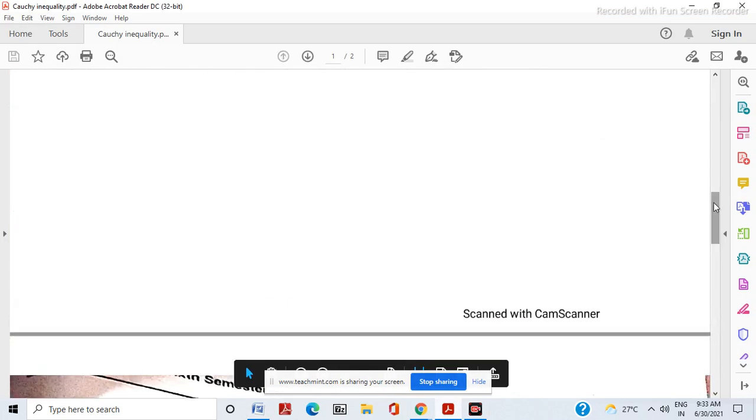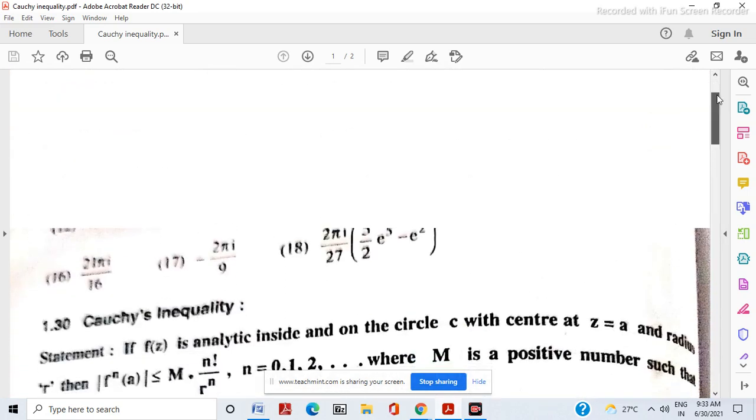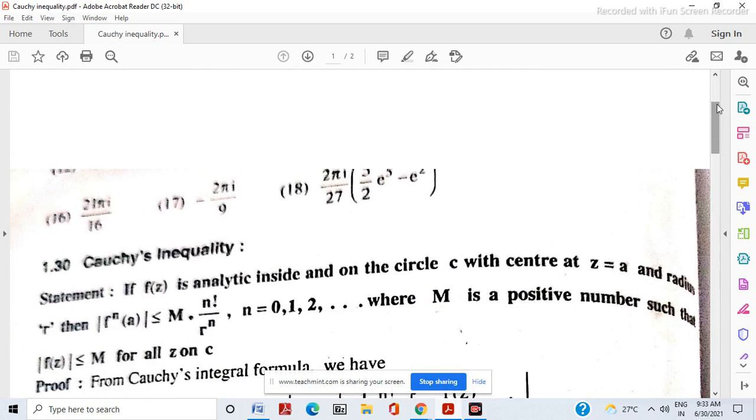Yes, ma'am. Okay. Next three theorems are there. First, I told you which theorems you studied. Cauchy's integral theorem studied, then Cauchy's integral formula, and generalized integral formula. Those three theorems are very important. In between, a few small theorems we also discussed, but those three are very important.